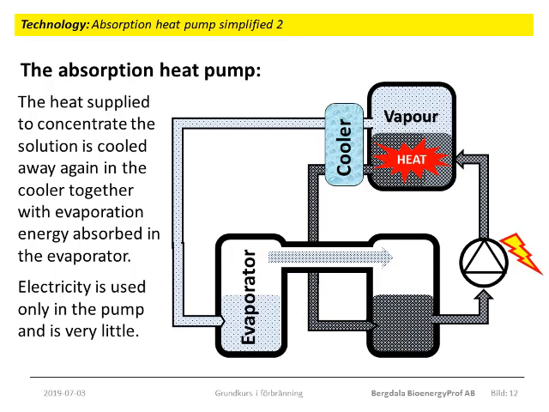With this system, the evaporator can be maintained at a low temperature with a system where the main energy use is heat and not electricity. Vented away from the cooler is all the energy equivalent to the electricity input to the pump, all the heat energy input to distill the absorption liquid, and all the evaporation energy absorbed in the evaporator.